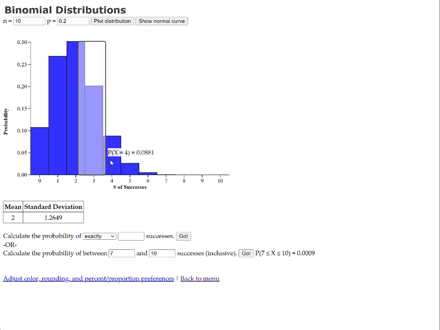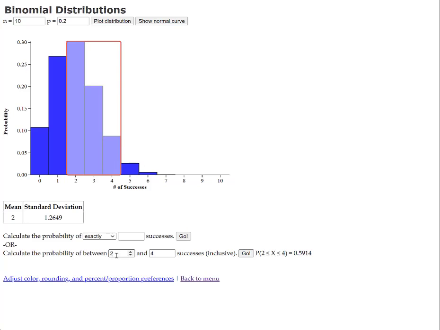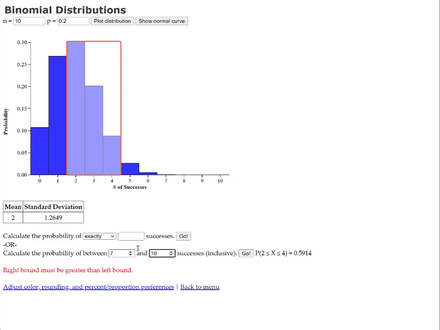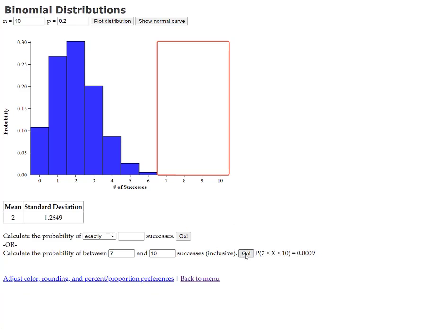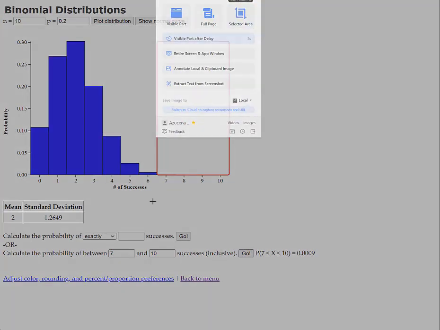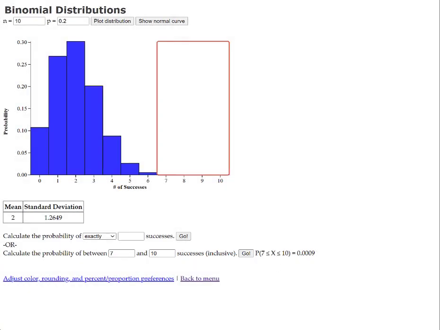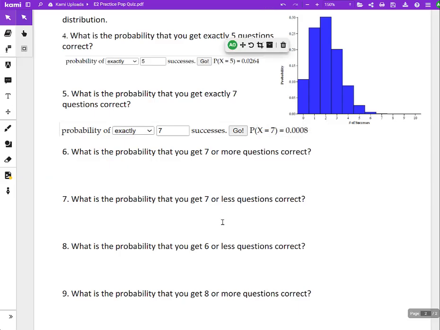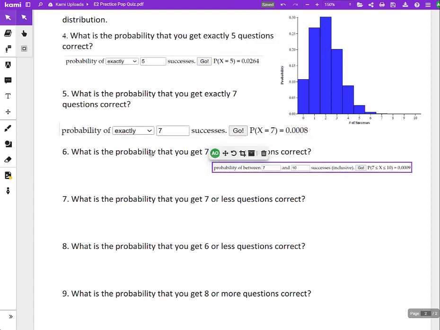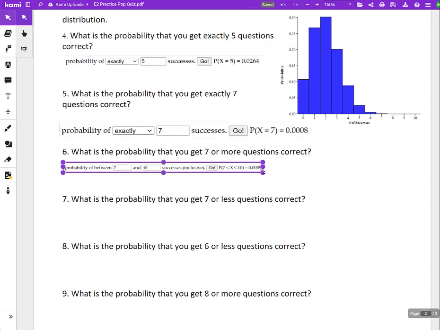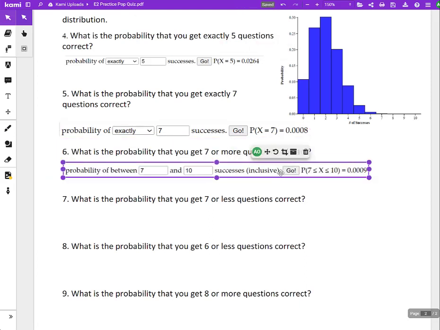So if I want 2 to 4, you can just change it to 7 to 10 down here. Notice it does want it to make sense. And it gives you the probability, in this case 0.009. So between 7 and 10 is 0.009. And see how it writes the notation there, with the less than or equal to. So it gives you a nice probability notation.